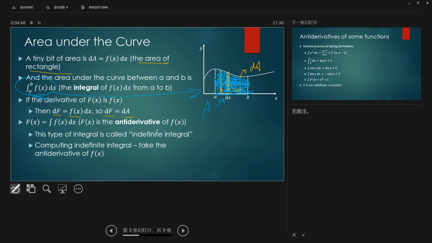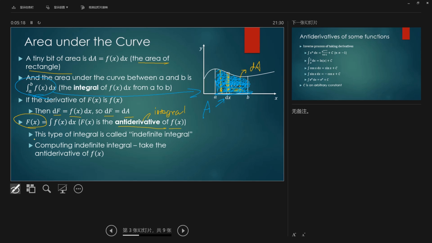And so capital F(x) equals the integral of f(x) dx, and here capital F(x) is the antiderivative of lowercase f(x). It is the antiderivative because the antiderivative is the integral.